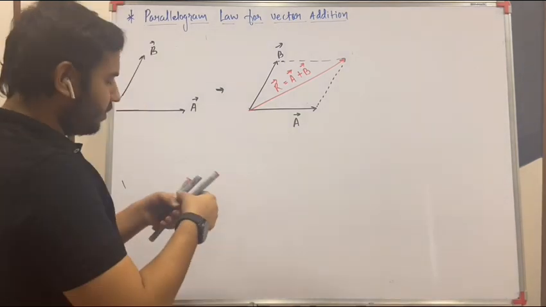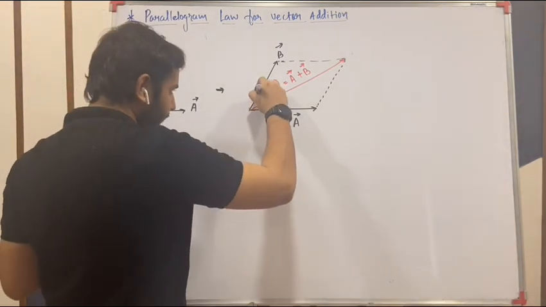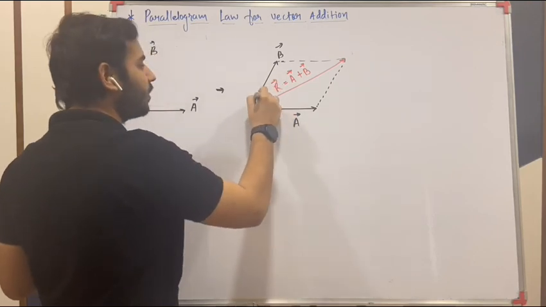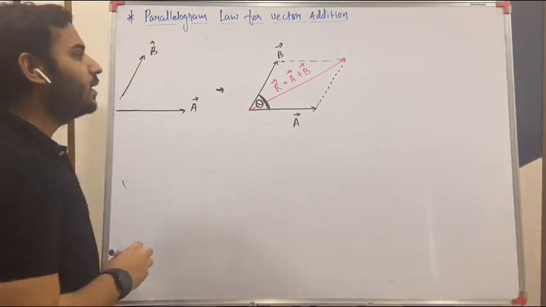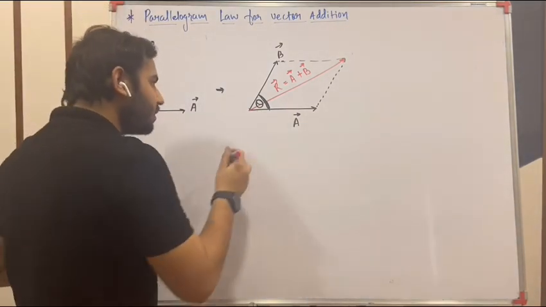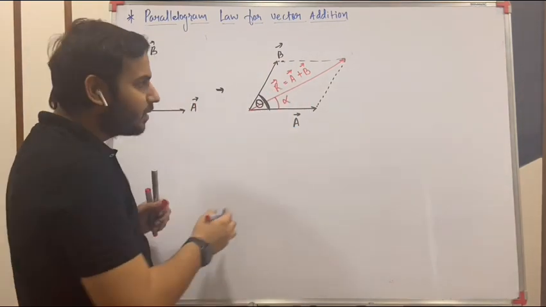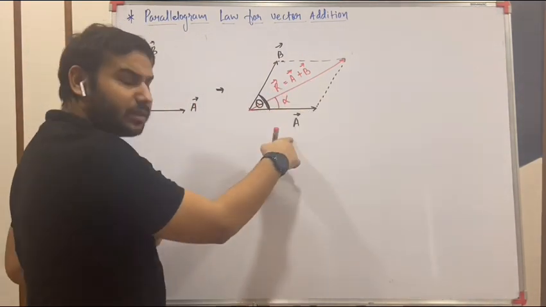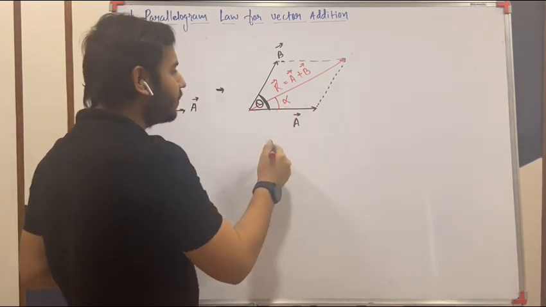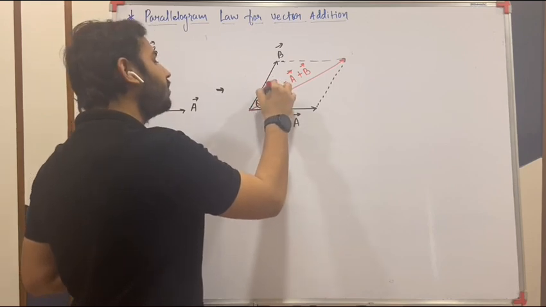Okay, this was the angle between vector A and B, theta. This is the angle between vector A and B, and this is the angle alpha, the angle of the resultant vector with A, and this must be beta.